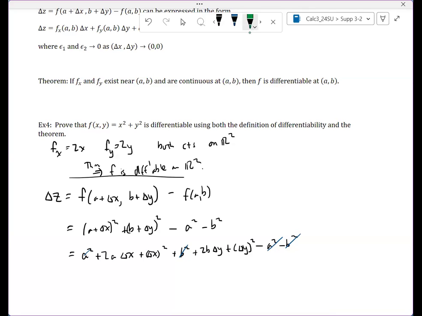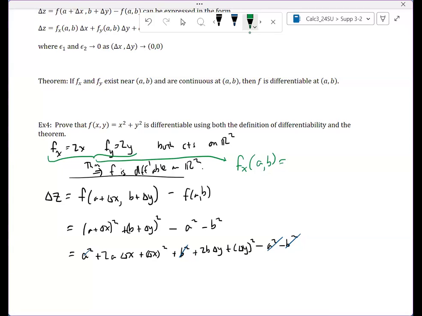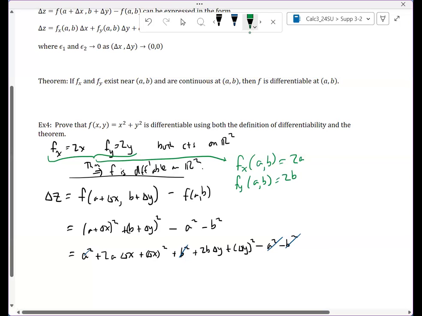And furthermore, we see from up here that f_x at (a, b) equals 2a, and f_y at (a, b) equals 2b.